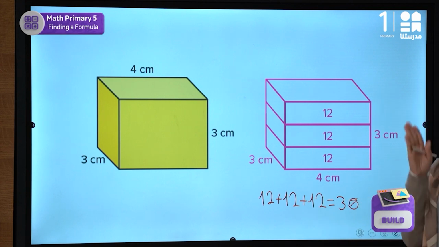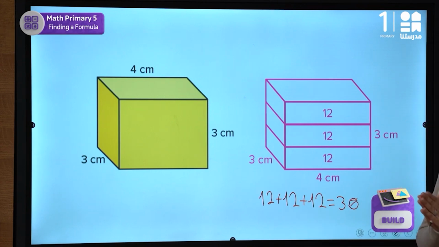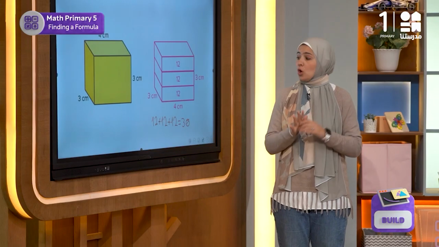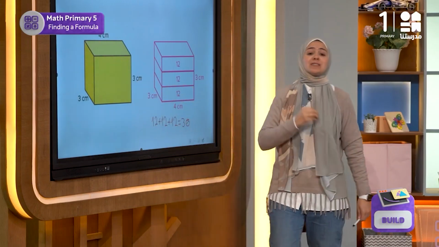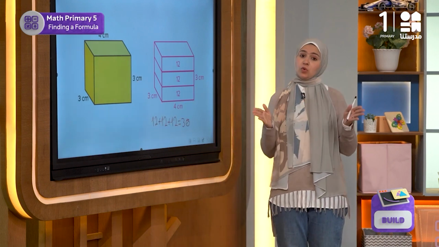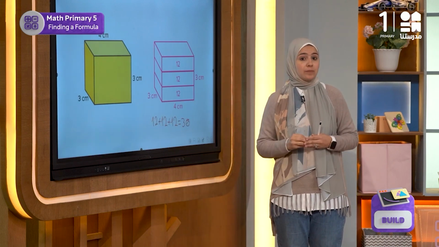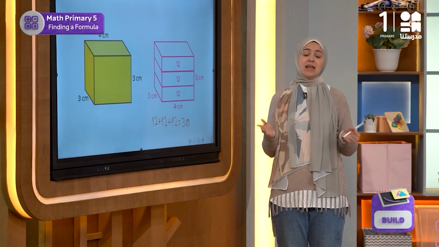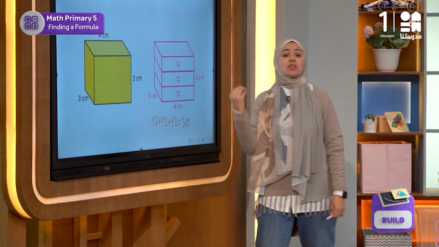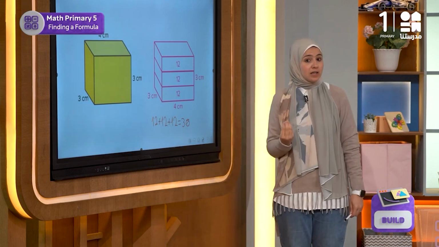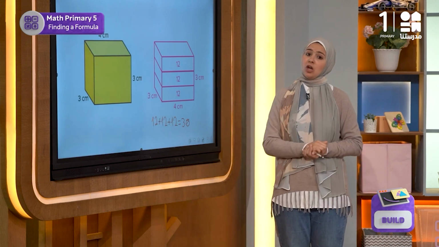Like that. Or we can think that the shape of the layer here is a rectangle with the dimensions what? 4 and 3. So this means that its area is equal to the length times the width, which is 4 times 3. Again, it will be equal to what? 12 cubes. And the number of layers is what? 3, which represents the height.